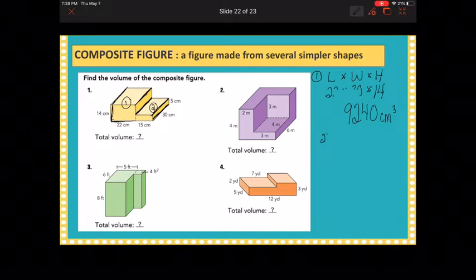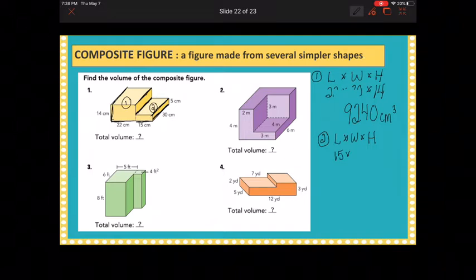Sometimes students will forget and just stop there. We have a second prism, rectangular prism over there, right? So we need to figure out length, width, and height for that one also. So let's go over to rectangular prism number 2, and our length is right here, 15 centimeters times the width from front to back.